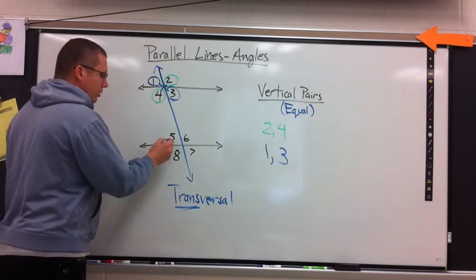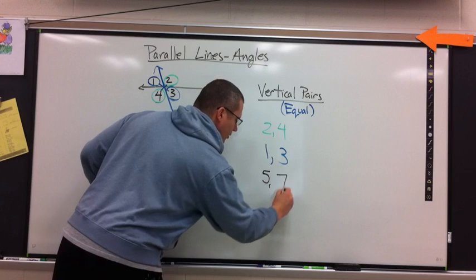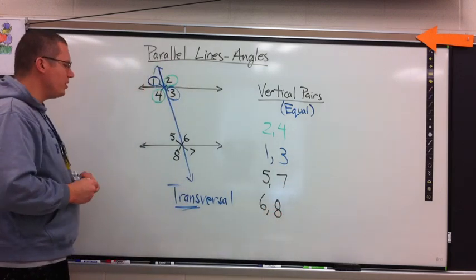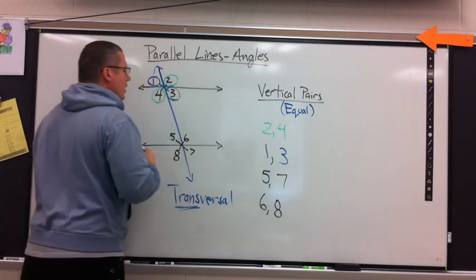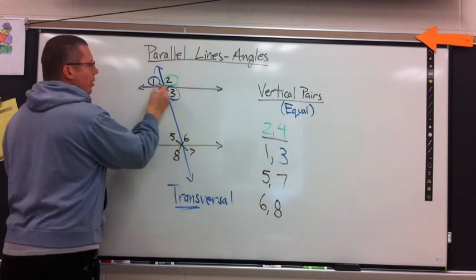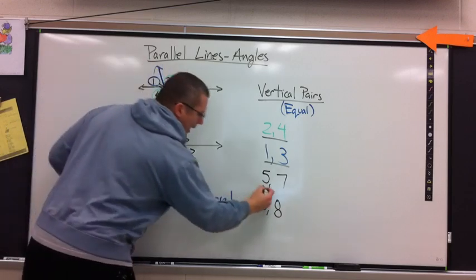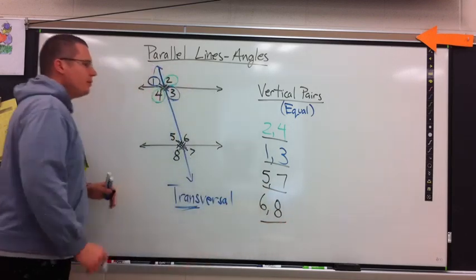There's more verticals. 5 and 7, 6 and 8. Remember, the last thing with this is they're equal. Because they're vertical, that means they're equal. So, is 2 equal to 4? It is. Is 1 equal to 3? It is. Is 5 equal to 7? It is. And is 6 equal to 8? It is.